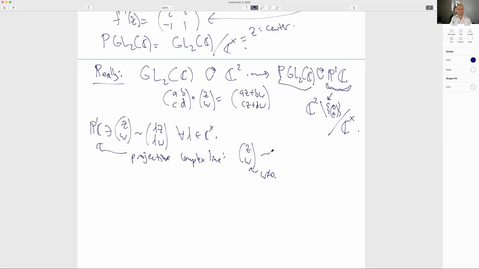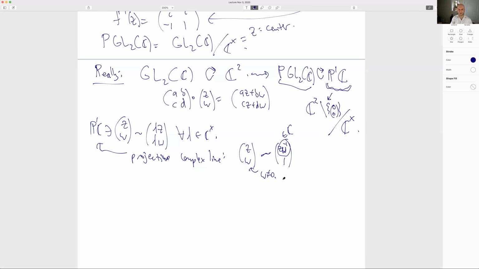The equivalence relation says this is the same as something. I could take lambda to be W inverse, which means I get a 1 and then Z W inverse. And this is just an arbitrary element of C. So one chart of the projective line is just C itself.